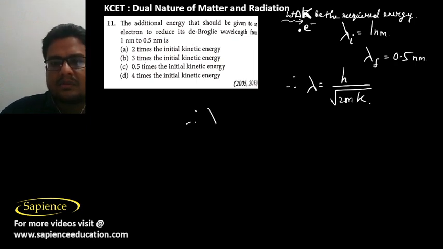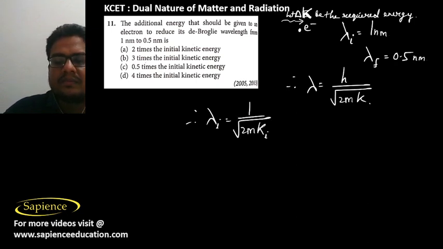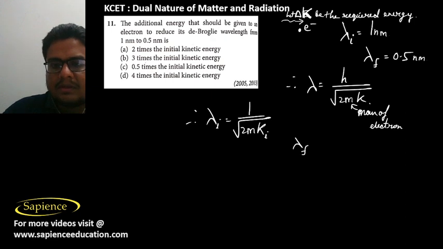So lambda initial is equal to h by root over 2m into kinetic energy initial, where m is the mass of the electron and K is the kinetic energy of the electron, and lambda final is also h by root over 2m into kinetic energy final.